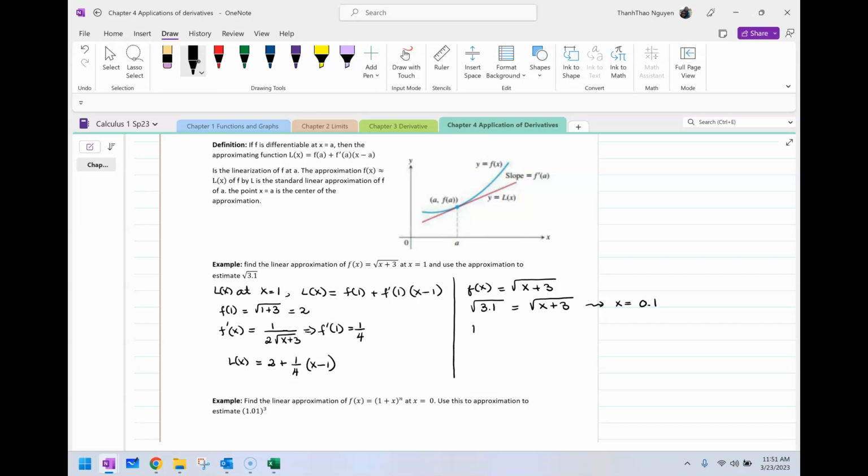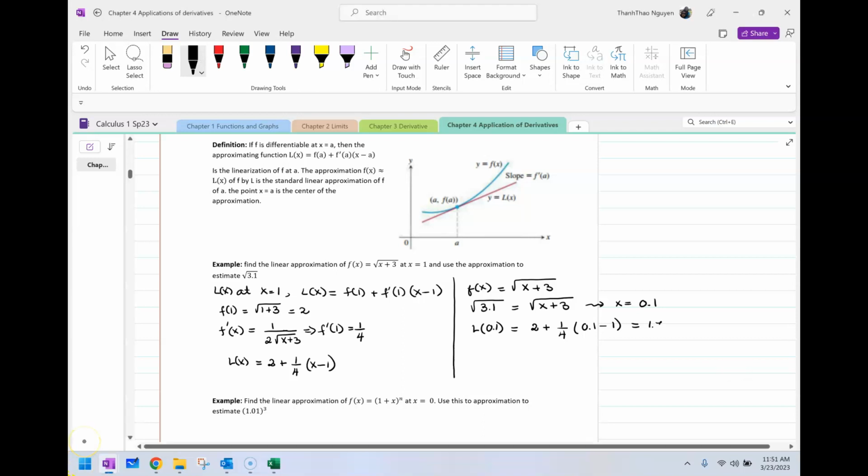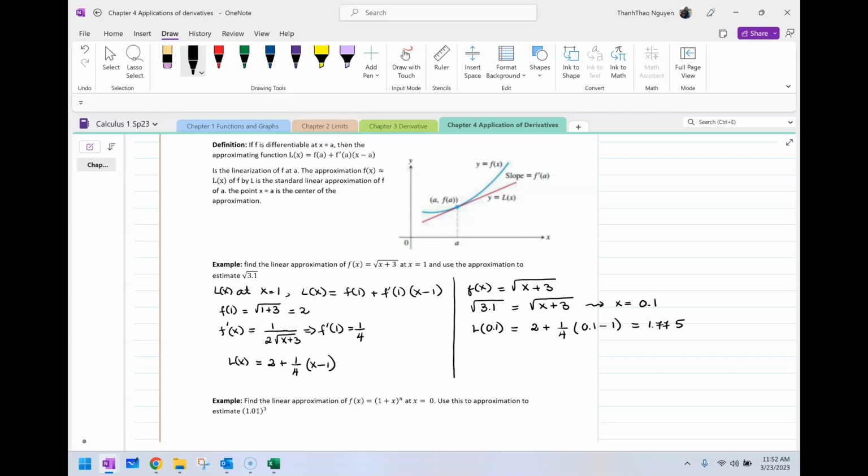And so we can calculate the linear approximation at 0.1. That is 2 plus 1/4 times 0.1 minus 1, which equals 1.775. So the square root of 3.1 is approximately 1.775.